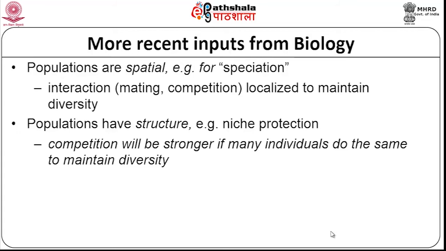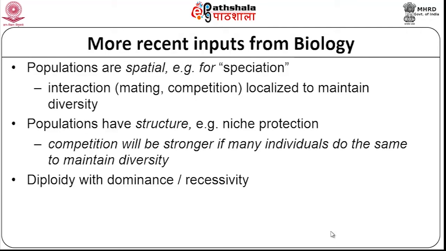It is not that populations have no structure. Competition will be stronger if many individuals do the same thing, which maintains diversity. So if all the individuals are the same, the competition will be stronger, along with dominance or recessivity.